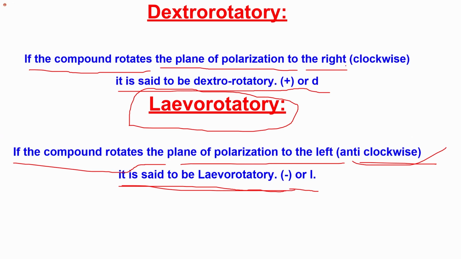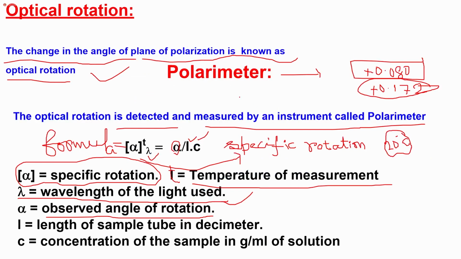So it is dextrorotatory. If it shows a negative value, like minus 0.08, or let's say minus 0.172, just as an example, then it is anti-clockwise. Then the compound is rotating anti-clockwise.